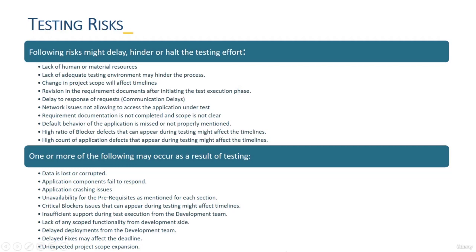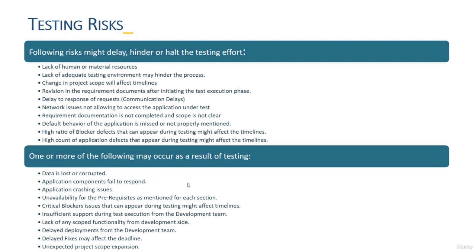These are all real-time problems, along with delays in response, communication delays, unresolved network issues, an incomplete requirement document, and unclear scope. All these things come under the umbrella of risk. Or you can specify more, like data being lost or corrupted, an application component failing to respond, application crashing, and unavailability of prerequisites.